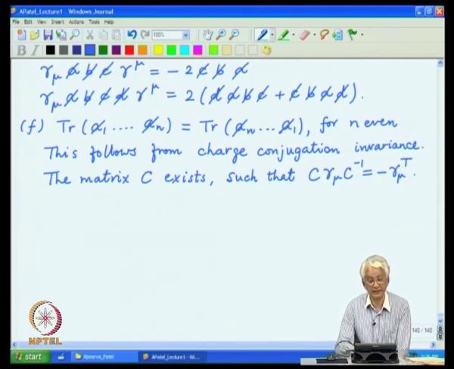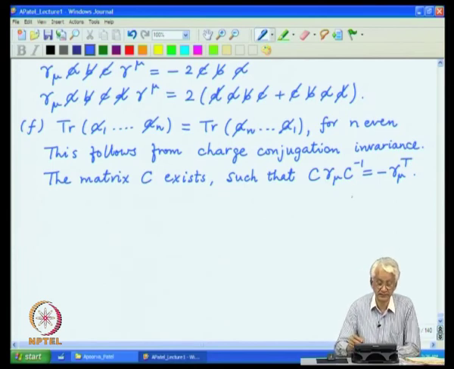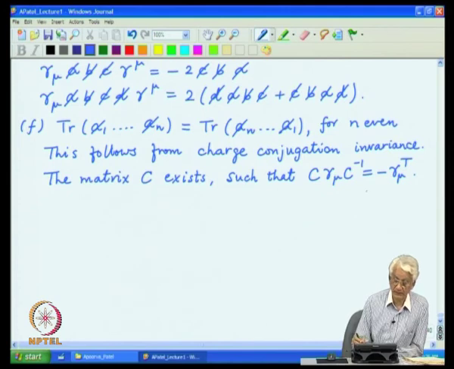So, the value does not change, but then the expression can now be rewritten using all these transposes involved.